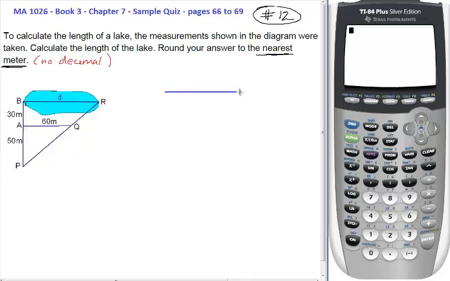So here's the bigger triangle, the smaller triangle, very similar. And again, just a rough sketch. Don't worry about being totally accurate, just for clarity purposes.